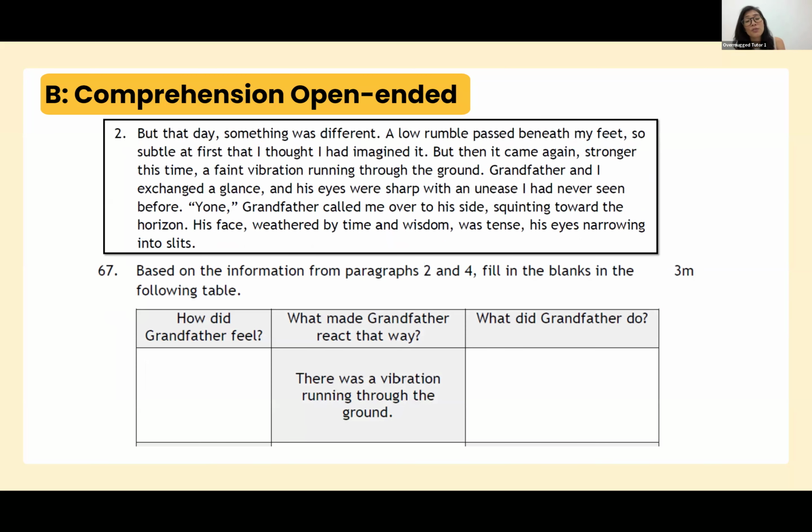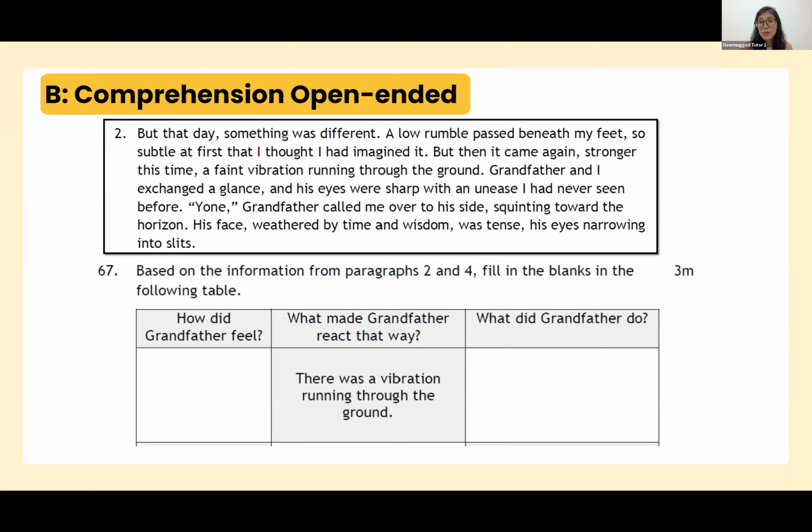Based on the information from paragraphs 2 and 4, fill in the blanks in the following table. So it's a 3-column table. In the first column, you ask how Grandpa felt, what made Grandpa react that way, and in the final column, what did Grandpa do? So let's take a look at paragraph 2 to answer our first row. There was a vibration running through the ground.